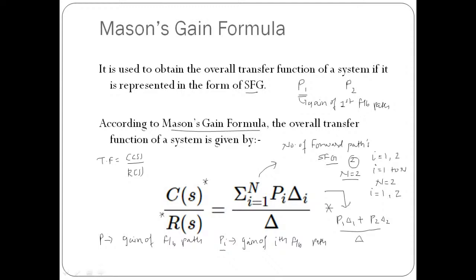In the same way, the gain of the second forward path is P2. So P indicates the gain of forward path and i indicates the number of that forward path. If we are calculating the gain of the first forward path, it is P1; the second, it is P2.